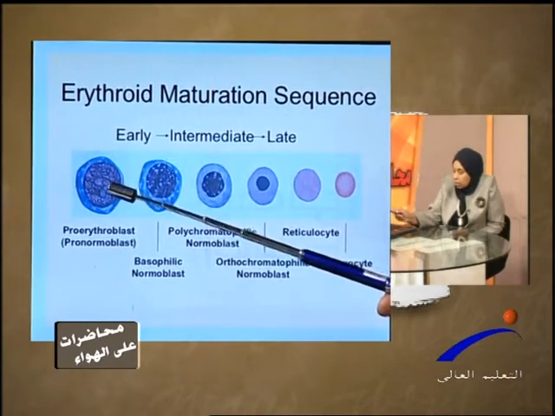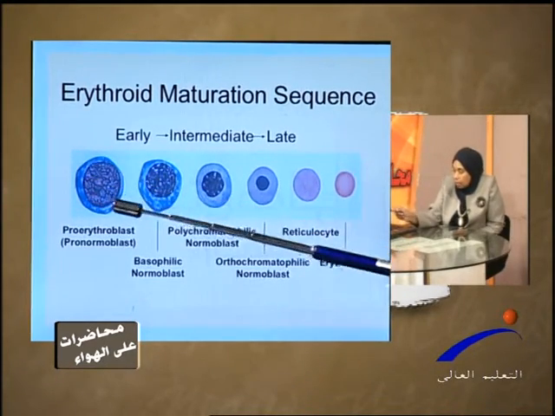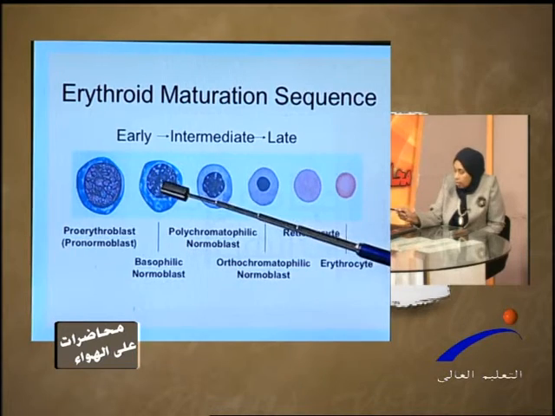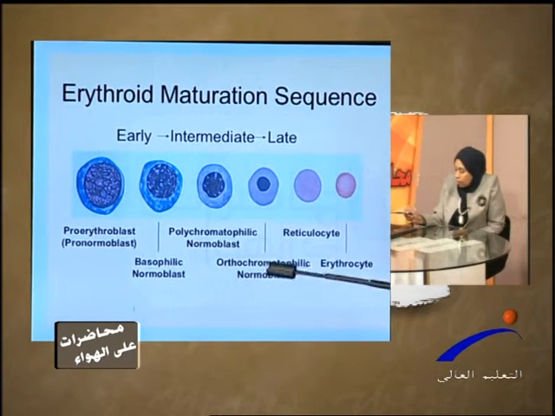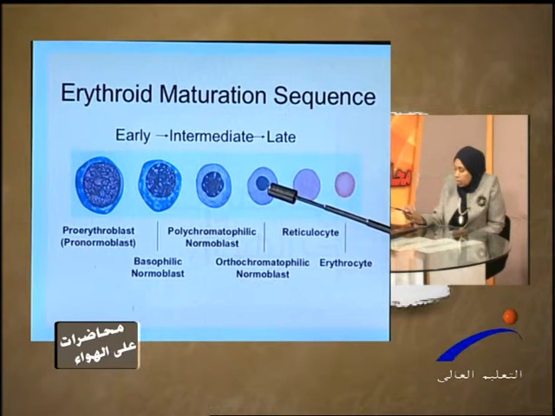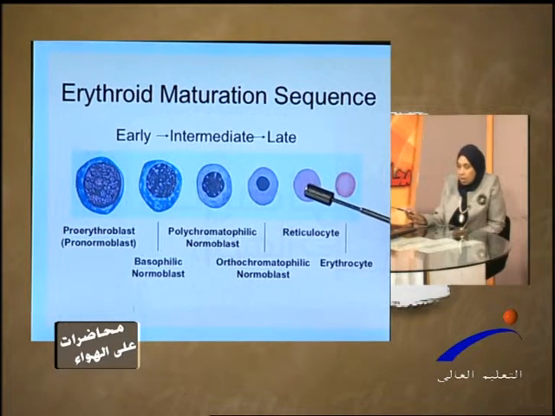As I mentioned here, the blood cells are large in size and then decrease in size, and until the stage of the orthochromatophilic normoblast, we have a nucleus here. This nucleus will be extruded and it gives us the reticulocyte stage.